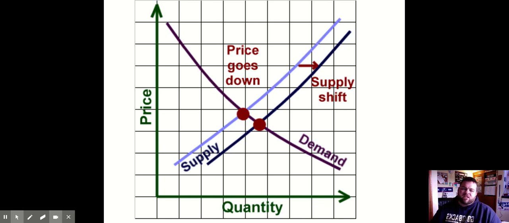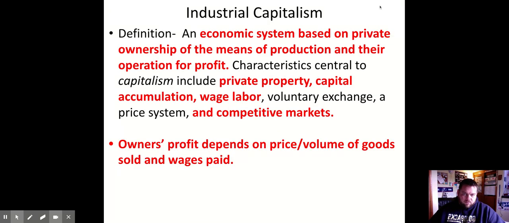This graph explains why those things become cheaper: that supply line is moving. The point of intersection between the supply curve and the demand curve is coming down. Price is the vertical axis, so you can see the two big maroon dots in relation to each other. As the supply line shifts, the overall price of that good starts to come down. Okay, last slide here.